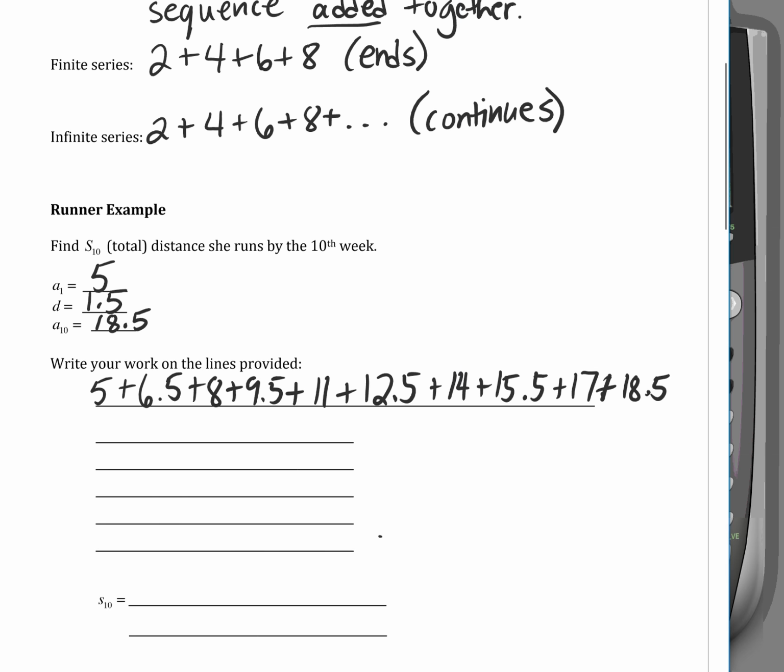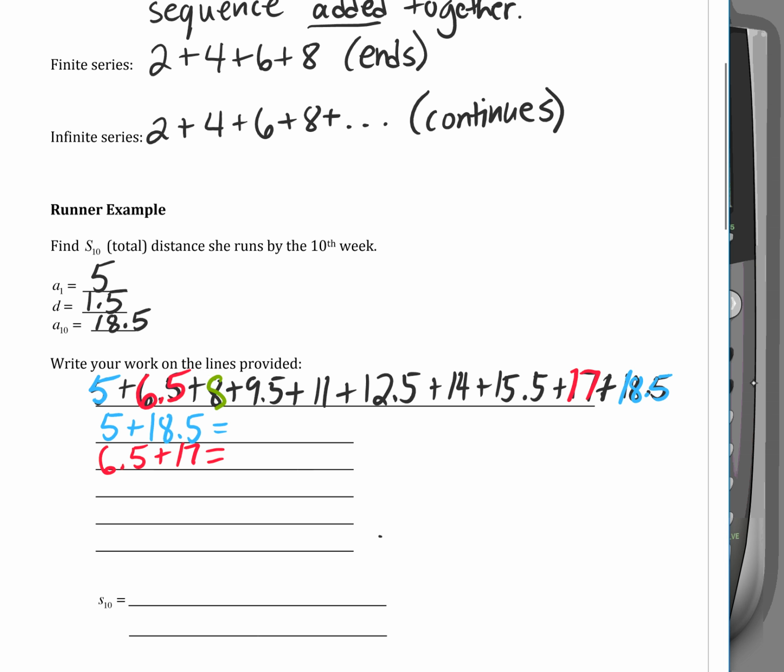We're now going to look at the first and last number and add those together on our next line. Then you're going to do one in, so 6.5 and 17. And you're going to keep going one to the right and one to the left each time you're adding.